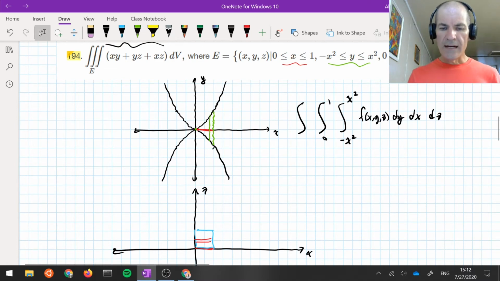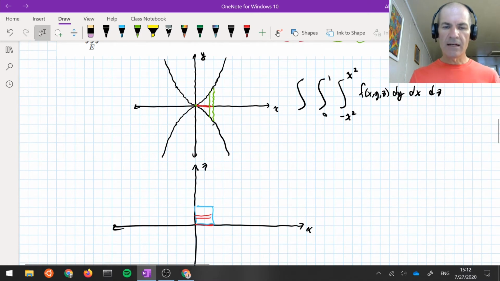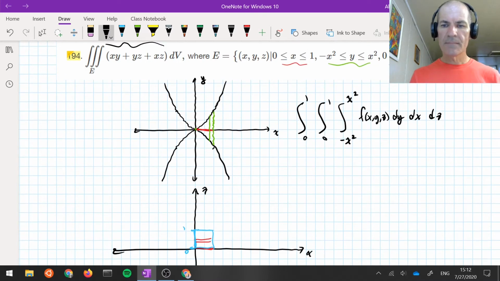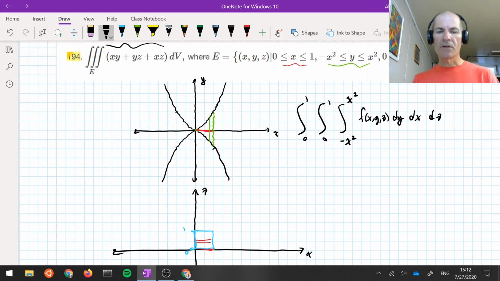Once we're finished with that, we can collapse this domain onto the z-axis, the remaining variable, and we see that it's going to cover the interval from 0 to 1, and that's the last set of limits, 0 to 1. So it's always this process of building the three-dimensional space, dealing with one variable, collapsing it onto the remaining plane, dealing with the next variable, and then collapsing it onto the remaining variable.